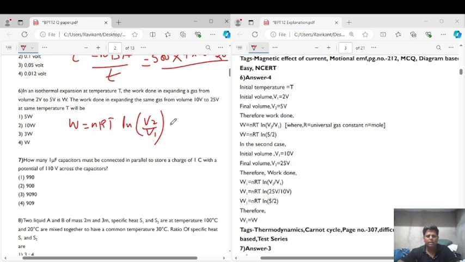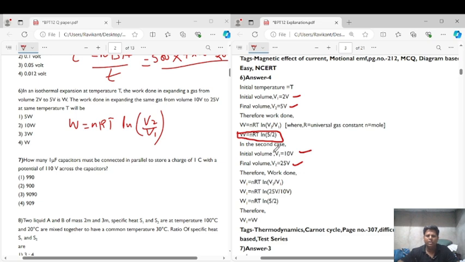So for the first case, if we put the values, we'll get our work done as nRT ln 5 by 2, because the final volume is 5V and the initial volume is 2V. So in fraction, we'll get 5 by 2. In the second case, initial volume is 10V and final volume is 25V.